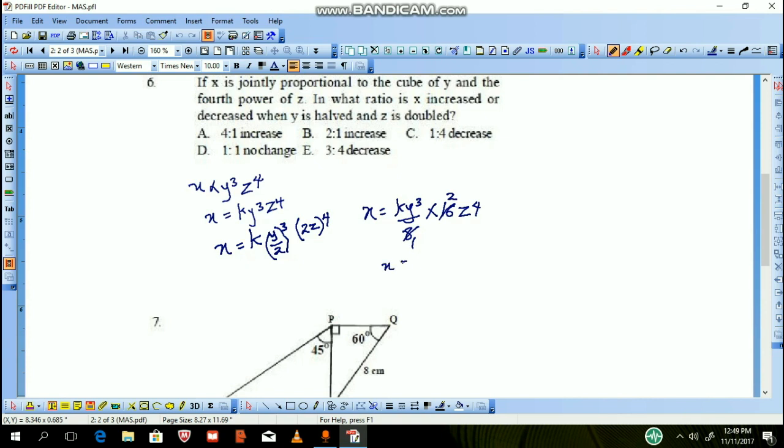Therefore, we have x is equal to k y to the 3 times 2 z to the 4. So what has happened? x has increased by a factor of 2. Therefore, x has increased in the ratio of 2 to 1, which is option B.